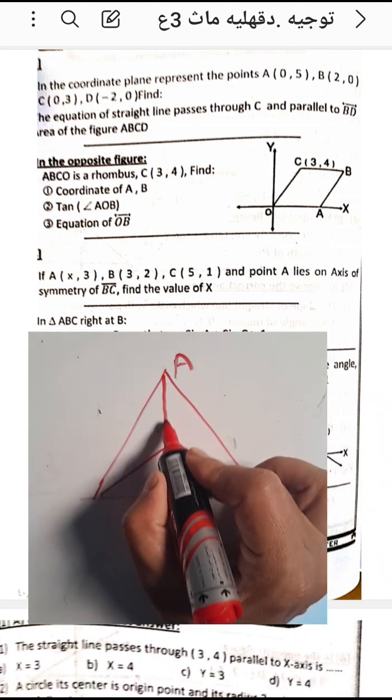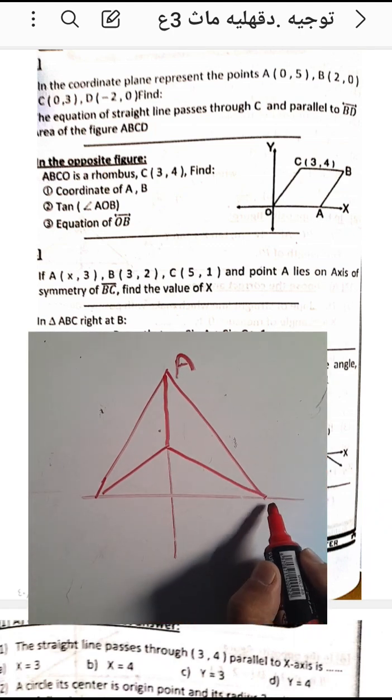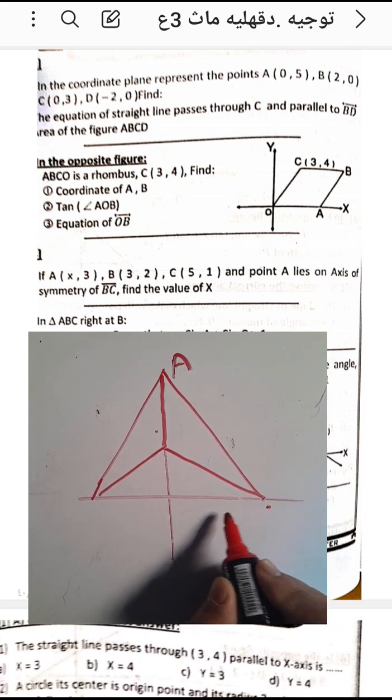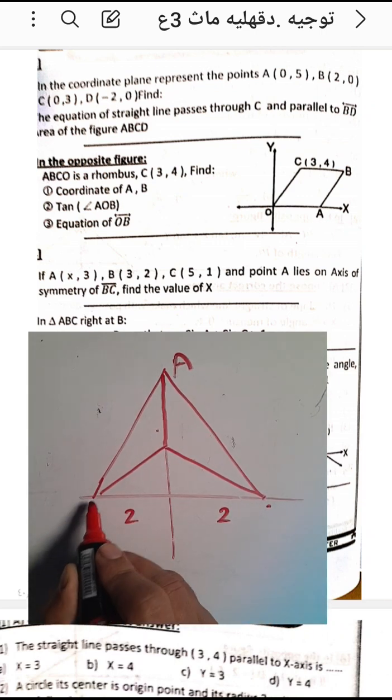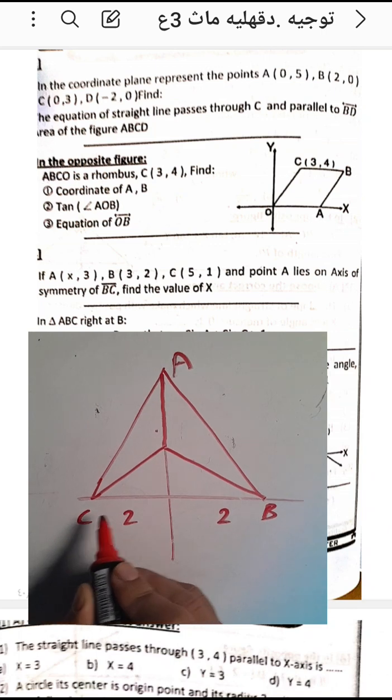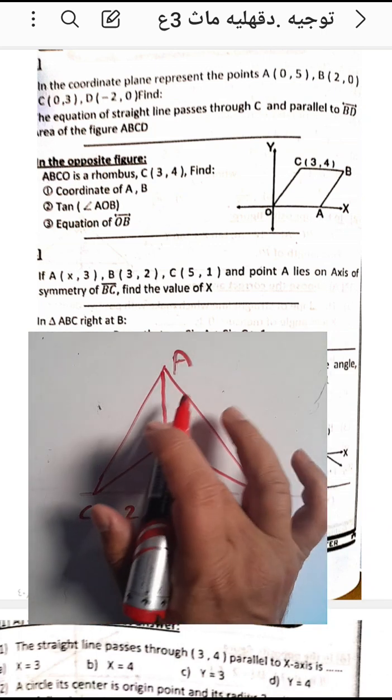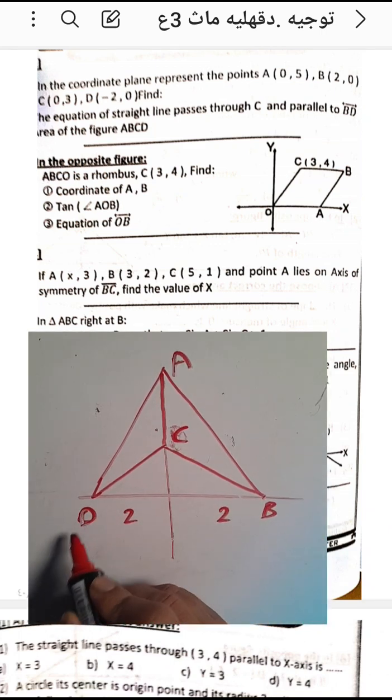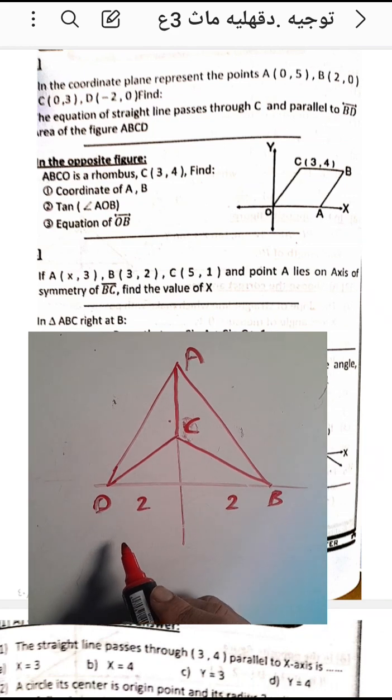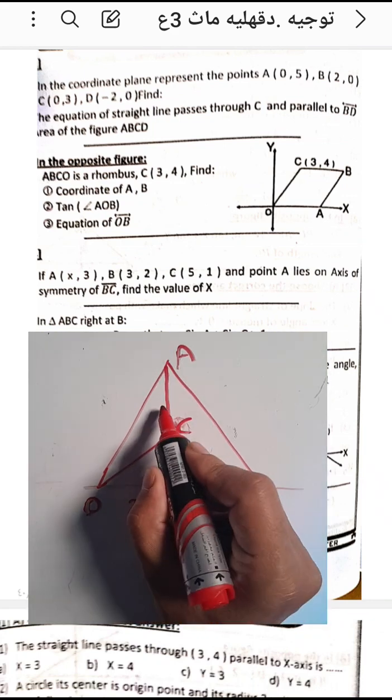Okay, A, B, C and D, and C equals 0 and 3, so OC is 3 units, and OA is 5.